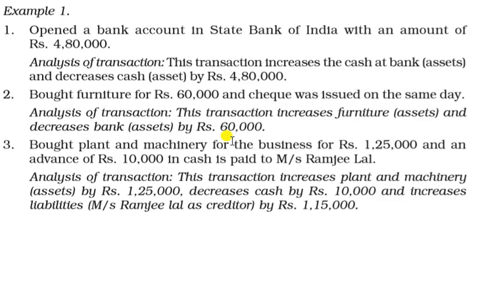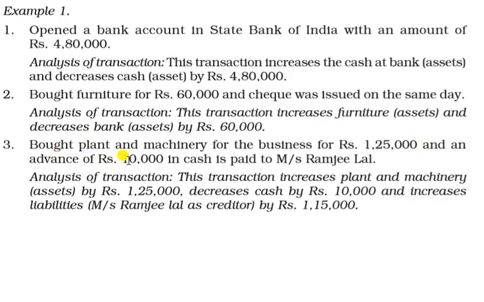The next example: bought plant and machinery for the business for rupees 1,25,000 and an advance of rupees 10,000 in cash is paid to Messrs. Ramji Lal. In this transaction, the business purchased plant and machinery for rupees 1,25,000, so the asset plant and machinery is increased by 1,25,000.